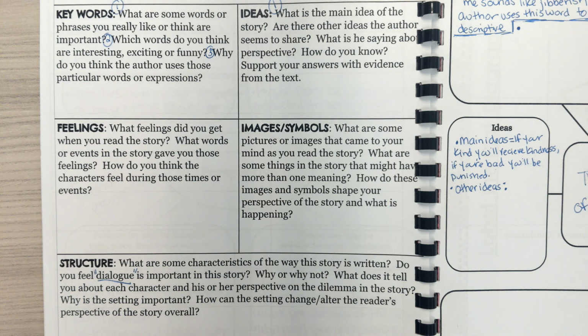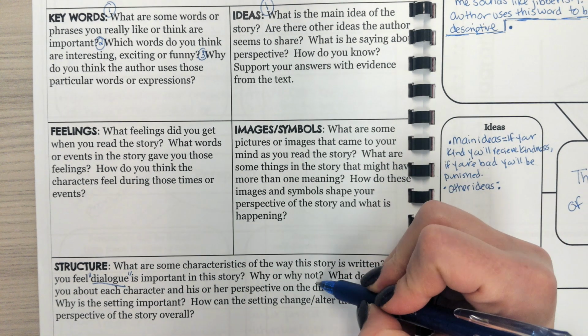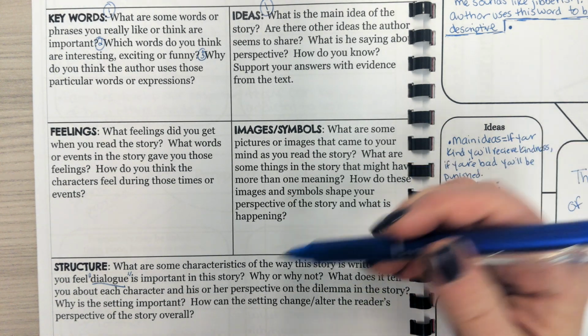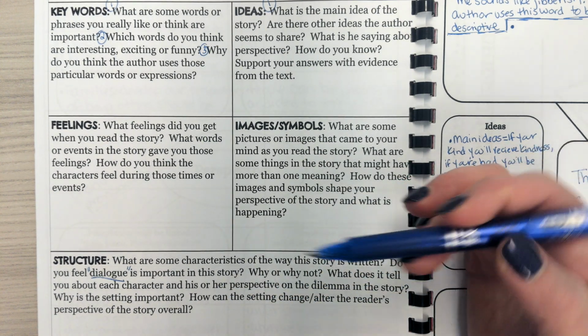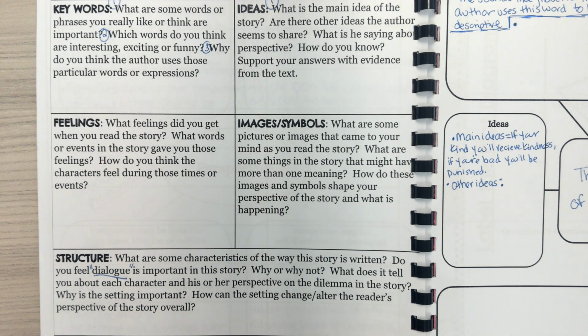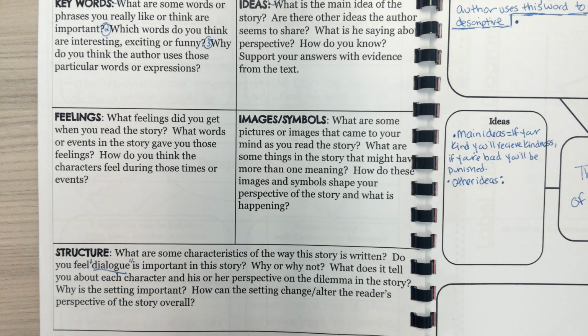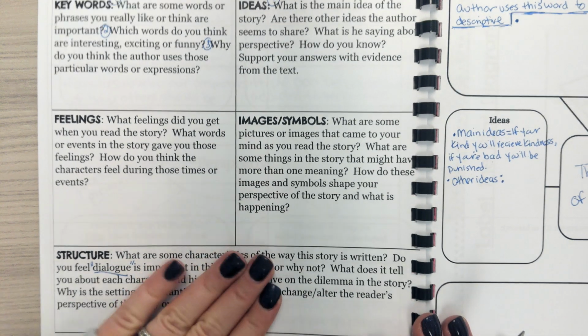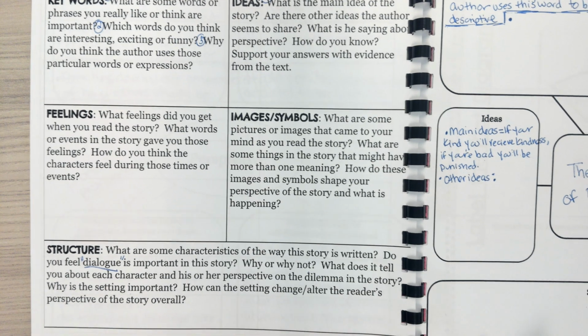So do you think it's important that there's dialogue in the story? Why or why not? What does it tell you about each character? Why is the setting important? How can the setting change the reader's perspective of the story overall? Oh, man. We have a lot packed into this question, right?